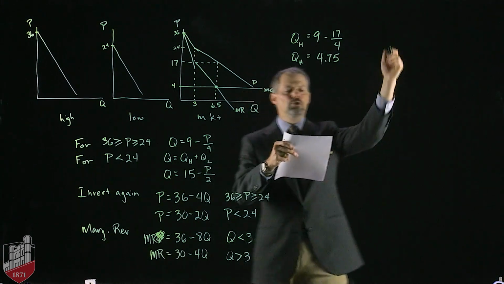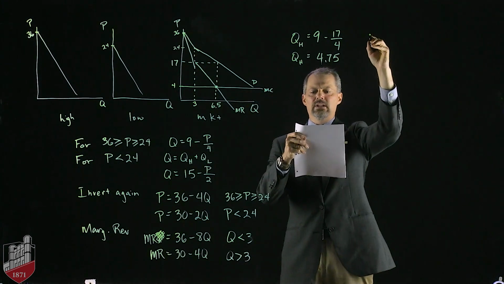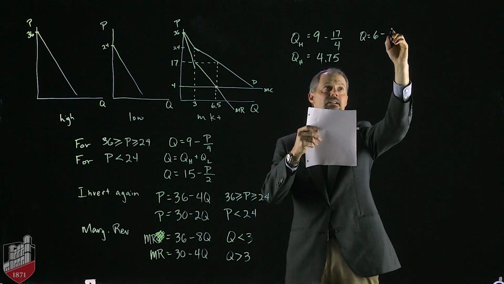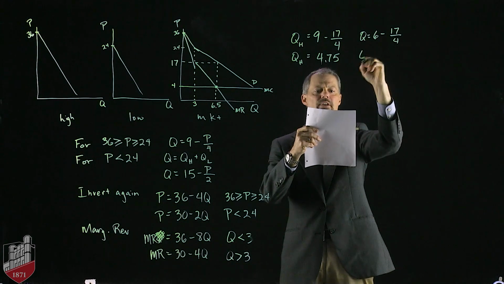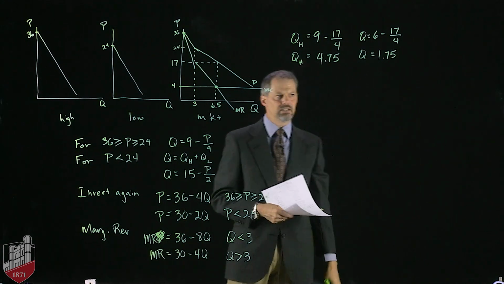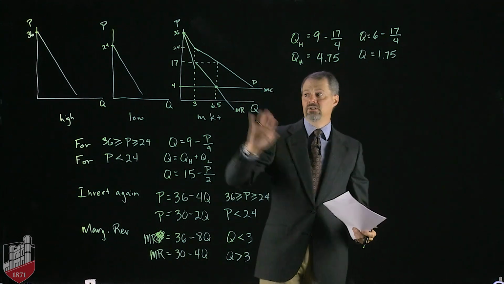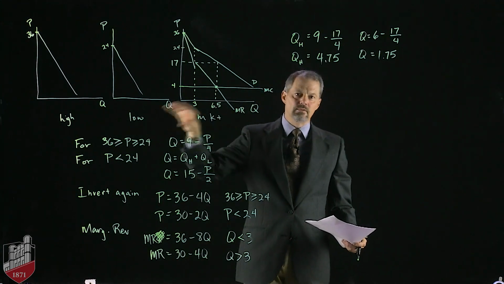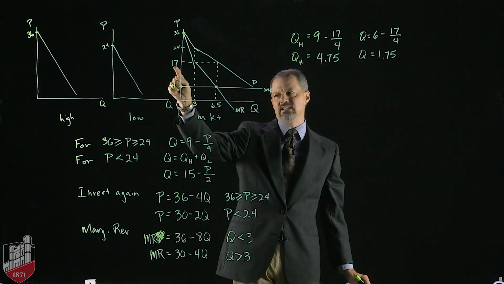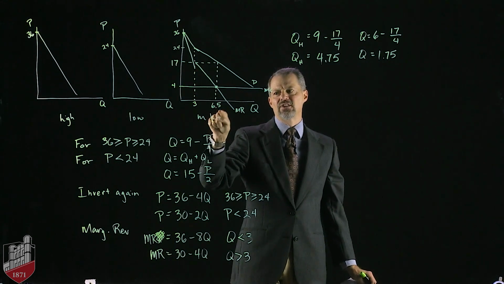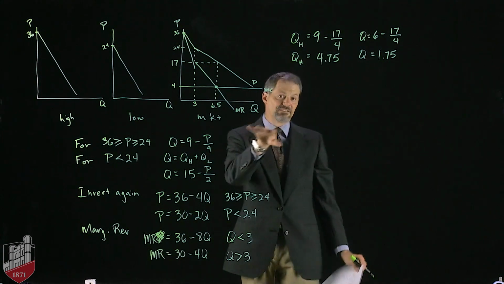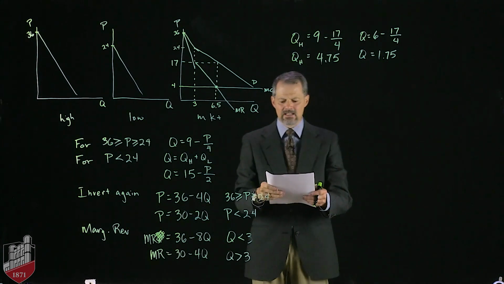For the low willingness to pay group, we get Q equals 6 minus 17 over 4. That's Q equals 1.75. So there's the quantity. Remember, the firm doesn't know anything about who's who in each group. The firm's just selling every unit at 17, and it's going to sell a total of 6.5 units, and this is who's going to end up buying them, but the firm can't tell anything about that.